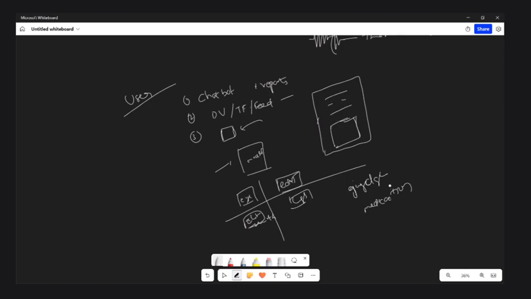So this is the third point, and the fourth point is that if the person wants to connect with a doctor, he can have online doctor appointments. The fifth one will be notification of tablets.